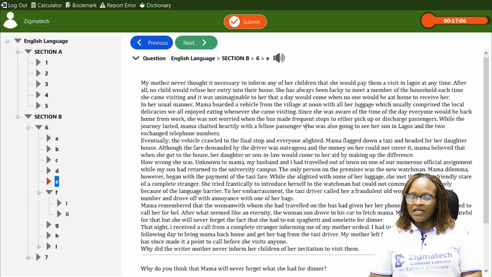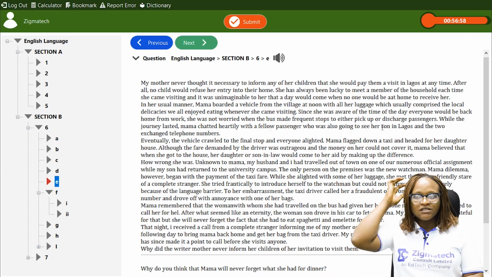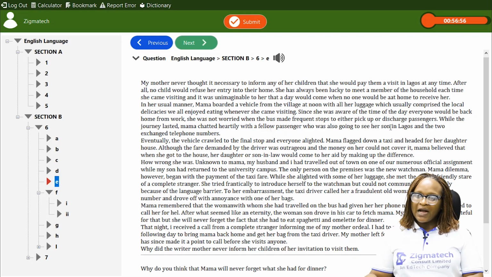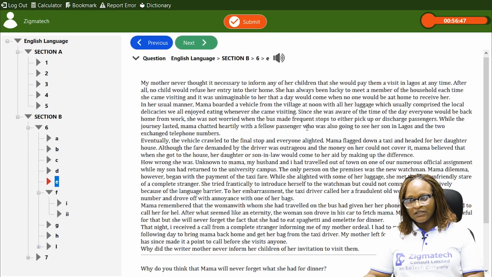So we are starting from "who was going to see her son in Lagos." This part of the subordinate sentence is called adjective clause or adjectival clause or relative clause. If you write any of these 3, you're definitely right. So this is adjectival clause.